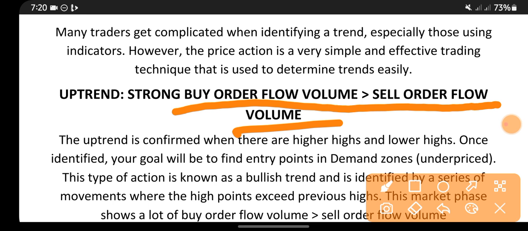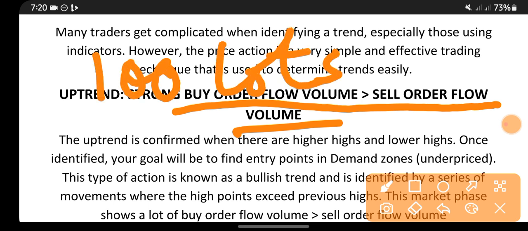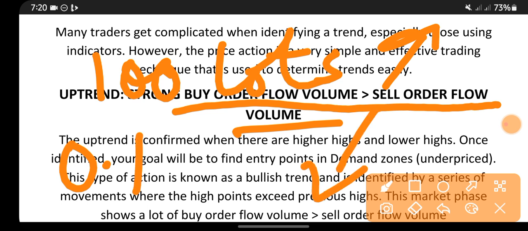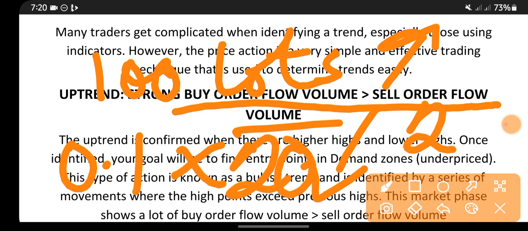So let's say one person has 100 lots to open a buy position, and then we have 20 people having 0.1 lots each to open a sell position. 0.1 times 20 is going to give you 2, and in this case the 2 is very, very little compared to the 100. So in that case, it means that the buy order flow volume is larger and greater than the sell. And so for that matter, we have the market moving in an uptrend.